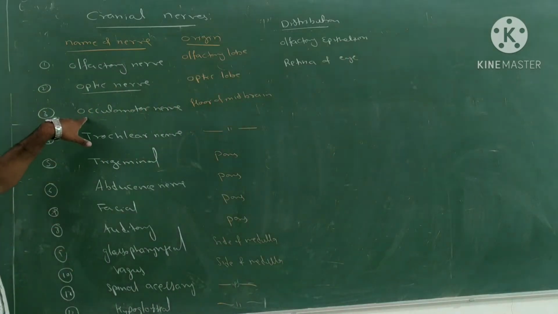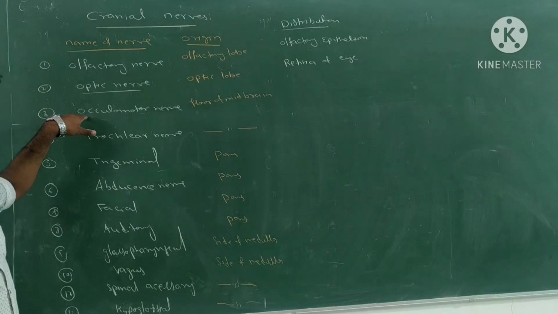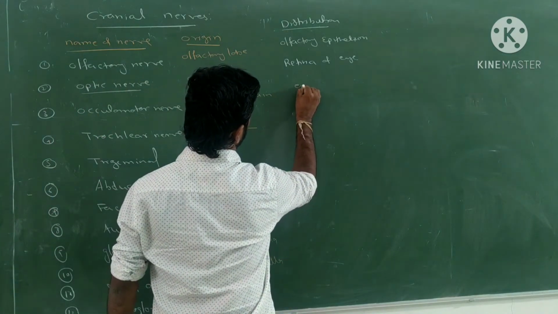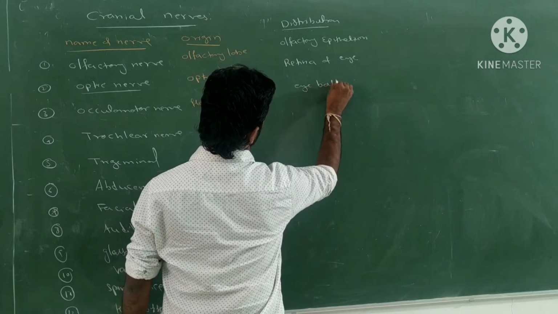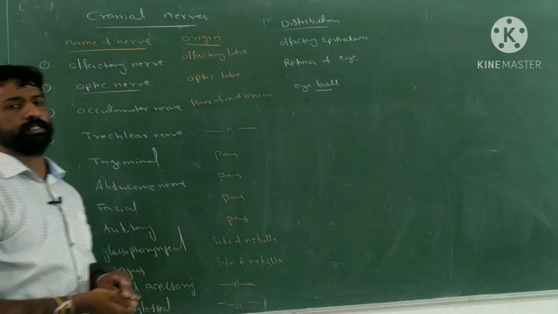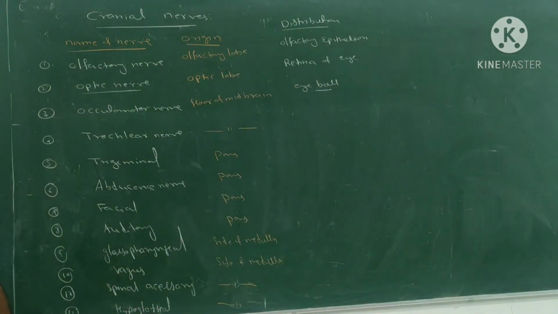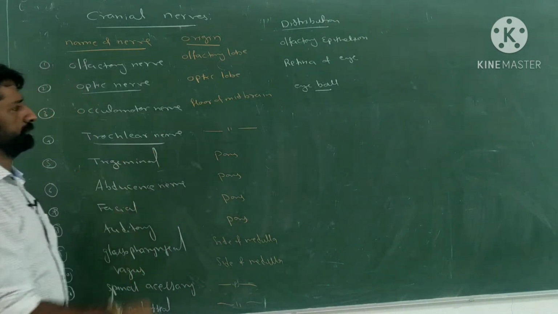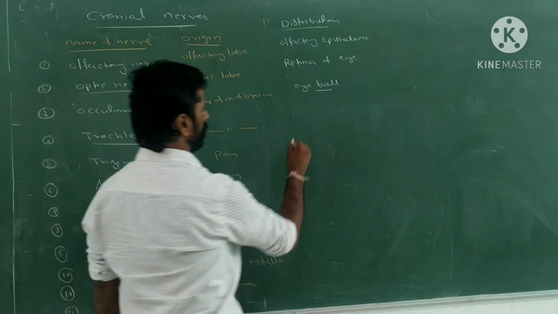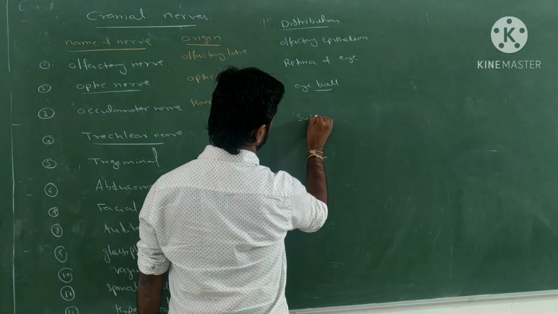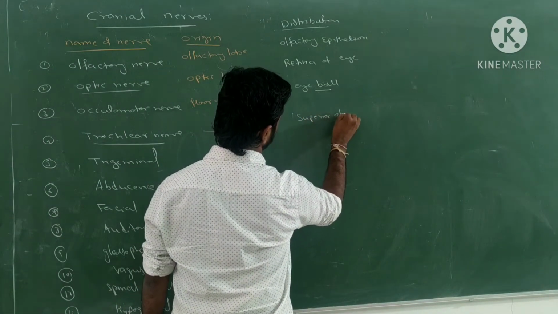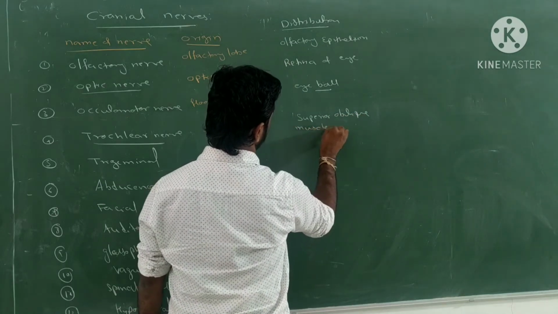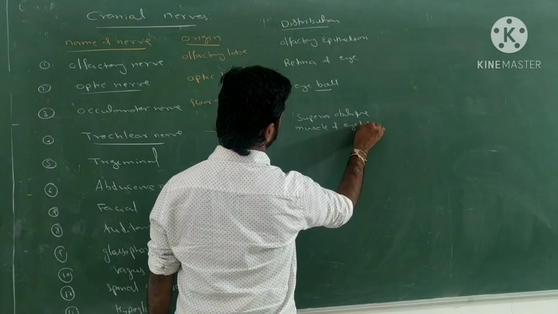Next is the oculomotor nerve. That is present in the eyeball, right? That is the muscles of the eyeball. Okay. Next, the trochlear nerve, superior oblique muscle of the eyeball.